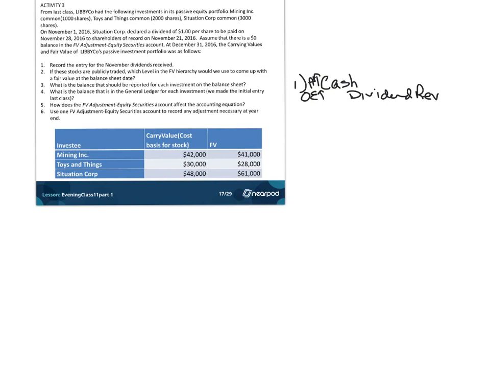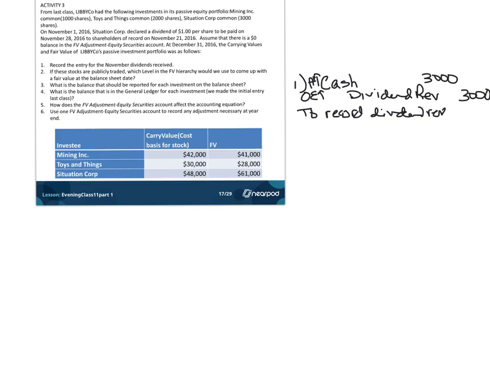That goes on the income statement. It's $1 a share, and we have 3,000 shares, so that is a pretty straightforward entry. You want to make sure you get that one on the test, right? Record dividend revenue. All right, there's that one.